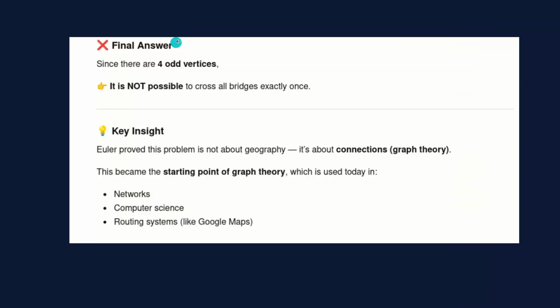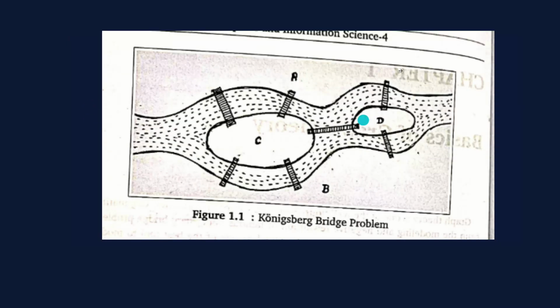Okay, so here, if you see, since there are four odd vertices, it is not possible to cross all the bridges exactly once. In this scenario, it is not possible for us to cross each of these bridges exactly once. See here, however many methods you try, I'm starting from here, let's say D, then I reach this bridge A, then I go like this.